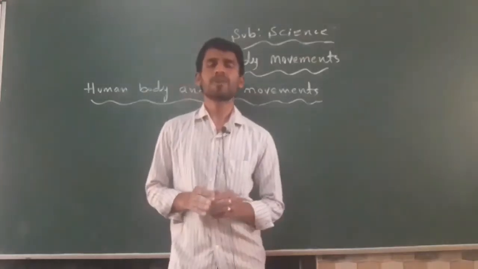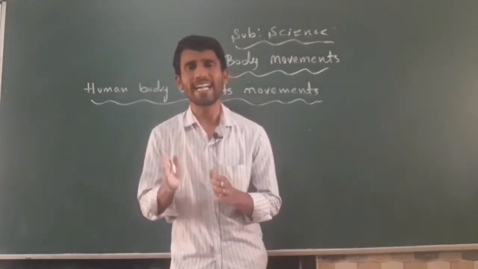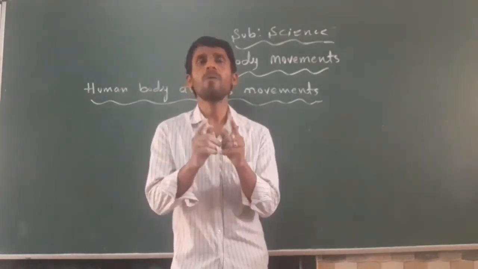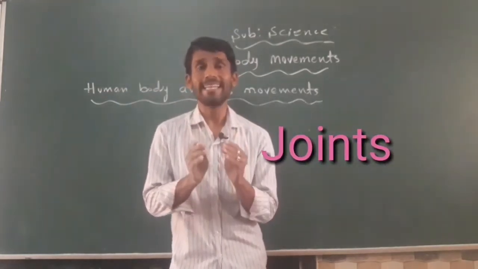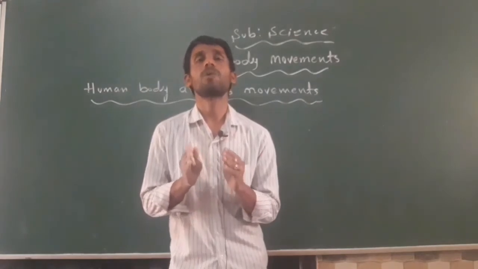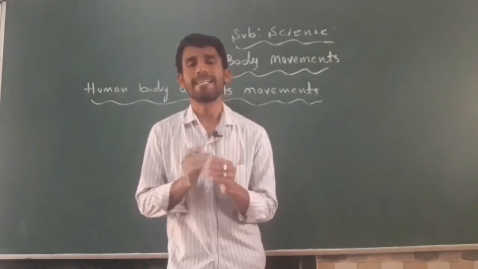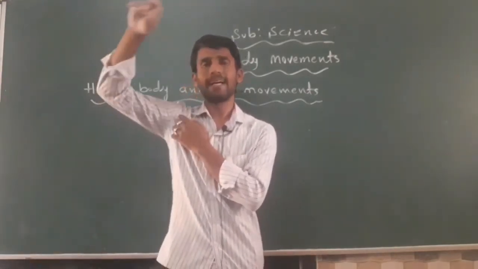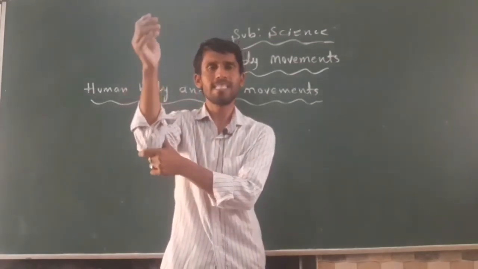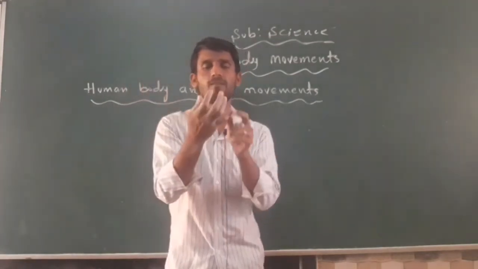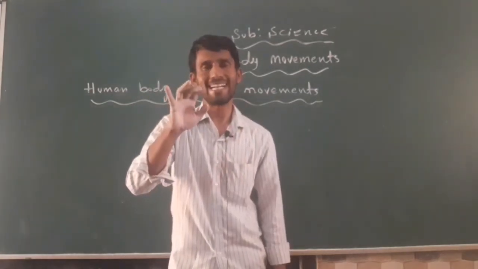Next, dear friend, do you know we are able to rotate and bend only in those places where we have joints? We call these parts joints. For example, see here the shoulder, this is one of the joints, and here also the elbow is a joint. In the fingers we have so many joints, so we are able to move these fingers.